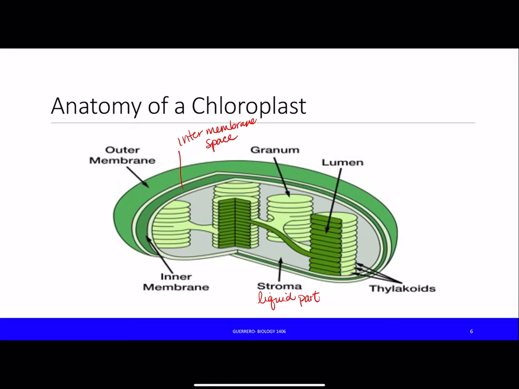And then you have all of these flat disc membrane structures. Each disc is called a thylakoid.